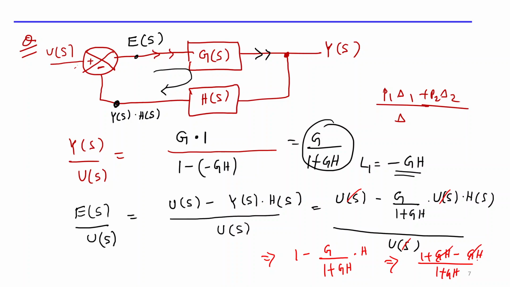So GH cancels, and the answer will be 1 divided by 1 plus GH. But I don't want to solve it in that way. If you know Mason's gain formula, you can directly write the answer. Let me come to a fresh slide.